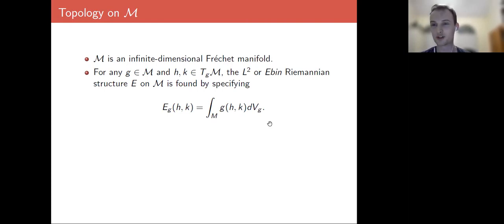There are plenty of choices of metrics that you can put on this space, but seemingly the most popular and natural one is the L2 metric. Sometimes this is also referred to as the Ebin Riemannian structure. So how do we specify it? Well, an inner product at every tangent space. First, you need to actually pick a point in your infinite dimensional manifold.